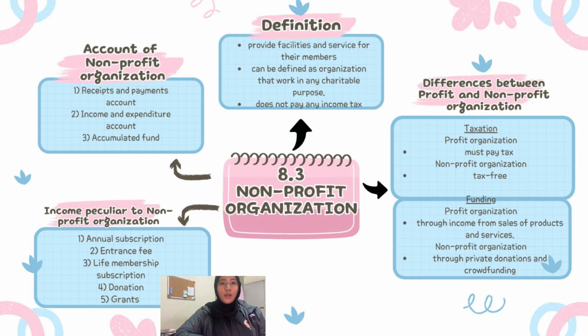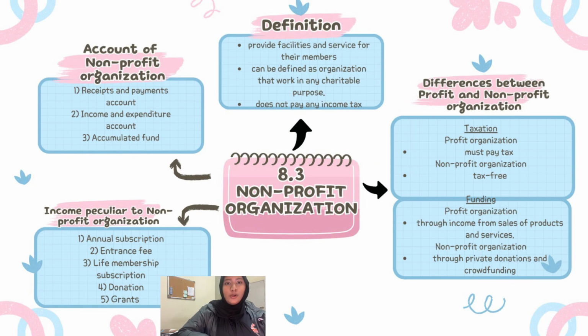So now I will be talking about the differences between the profit organization and the non-profit organization. First one is taxation. The profit organization must pay the tax as the law says, but the non-profit organization does not have to pay any tax because they use their own income to serve the public good. The second one is funding.